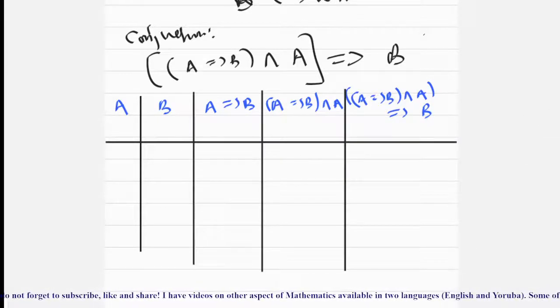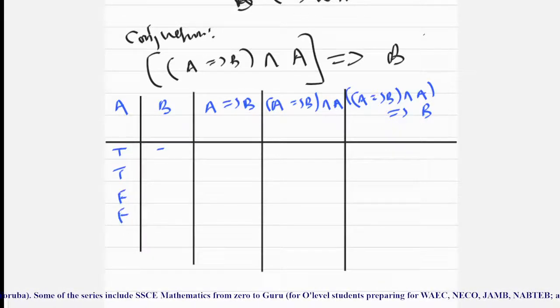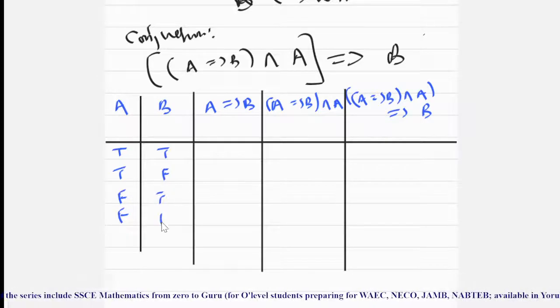Okay. Since we have two statements, it means we are going to have how many possible truth values? Four possible truth values. That is T T F F, right? True, false, true, false.